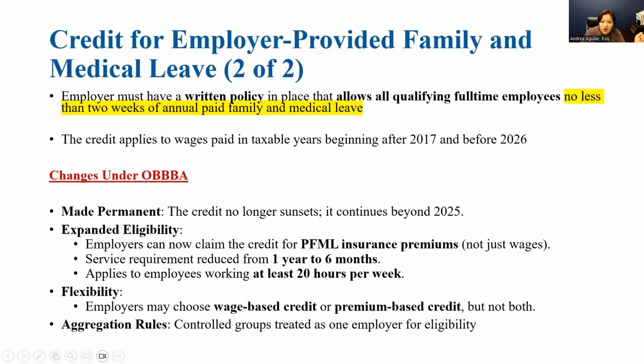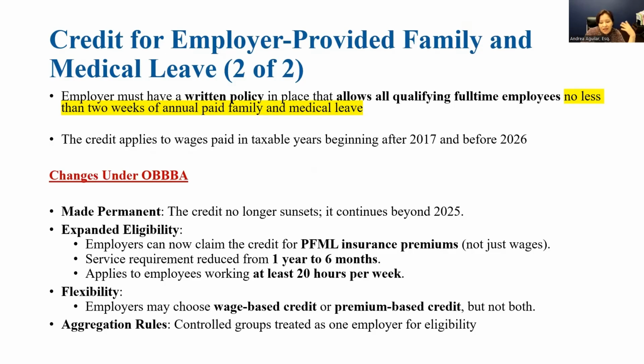Also, the employer must have a written policy in place that allows all qualifying full-time employees no less than 2 weeks of annual paid family and medical leave. So there has to be a policy, another requirement, okay? A written policy where they are saying, hey, we have this program where we are going to pay at a minimum 2 weeks of family and medical leave.